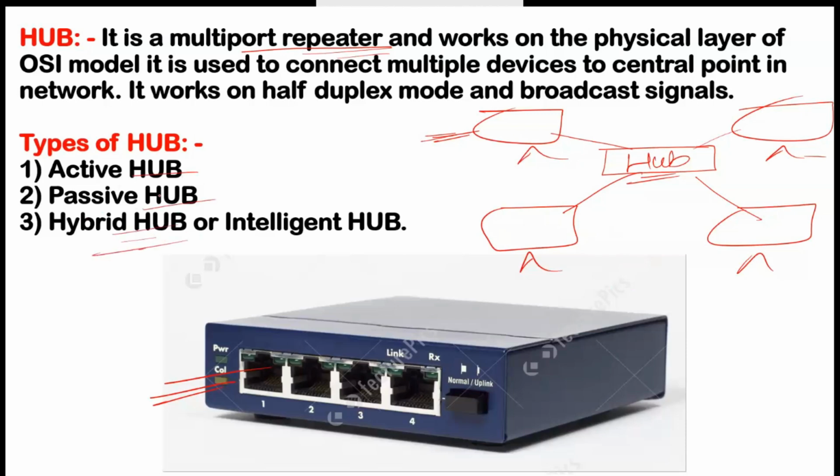We will also discuss active hub, passive hub, and hybrid hub, because a passive hub does not work as a repeater, but active hub and intelligent hub work as a repeater. So you don't need any separate repeater if you are using this hub in your network within that LAN segment. And the second thing is that it works on the physical layer.